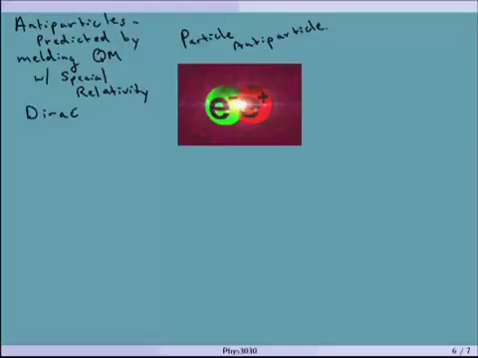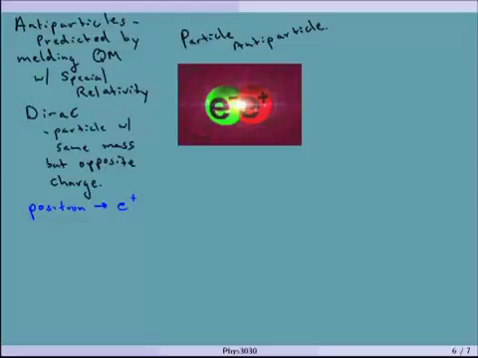And the idea was that it was a particle with the same mass but sort of opposite properties. So like opposite charge, say opposite electric charge. So there's something, and this is the first one that was actually found, called the positron, the symbol is E plus, and if you can guess from the symbol, it's an electron.